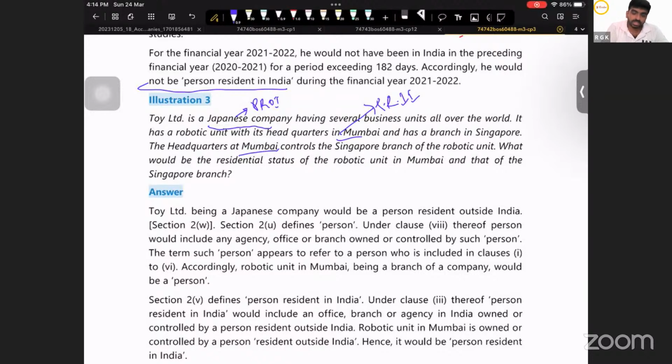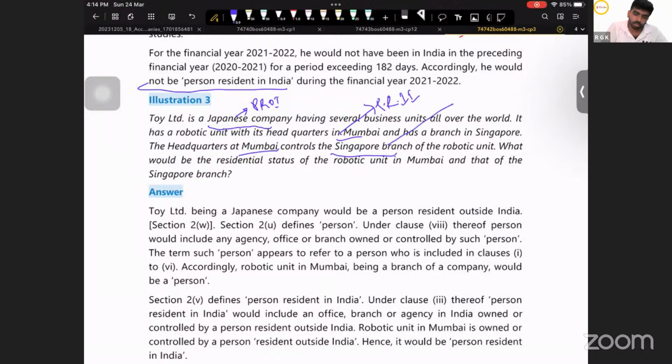Next, this robotic unit in India controls the Singapore branch. So third observation: office, branch or agency owned or controlled by person resident in India outside India shall also be classified as person resident in India.